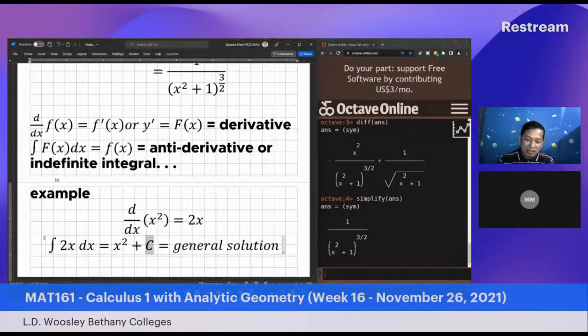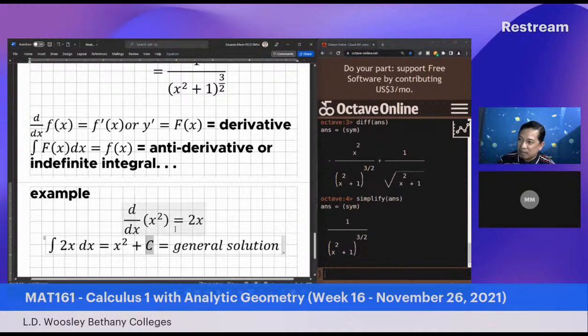It's arbitrary because the derivative of a constant is equal to 0. So definitely, meron tayong tinatawag na specific solution, but generally speaking, there must be a representation of that constant c.